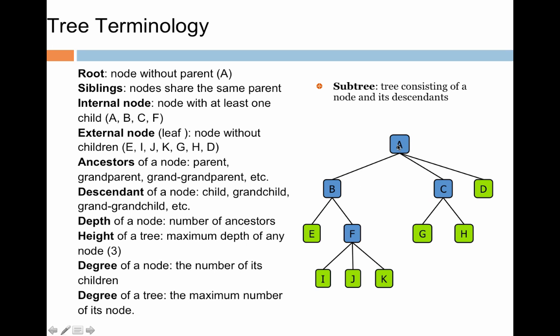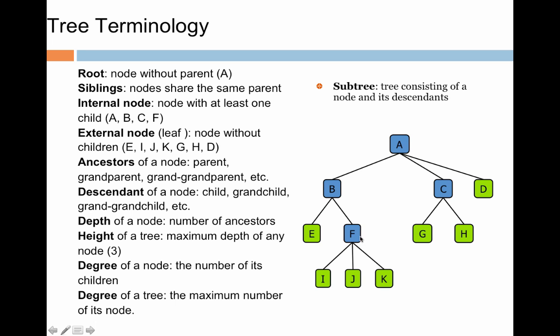The root is at level 0. This node is at level 1. This node is at level 2. And this node is at level 3. Therefore, the depth of this particular node, the node that contains the value k, is actually 3.